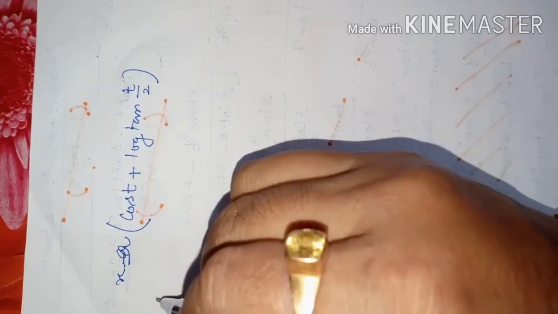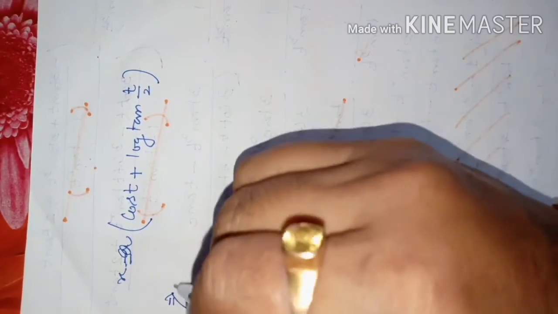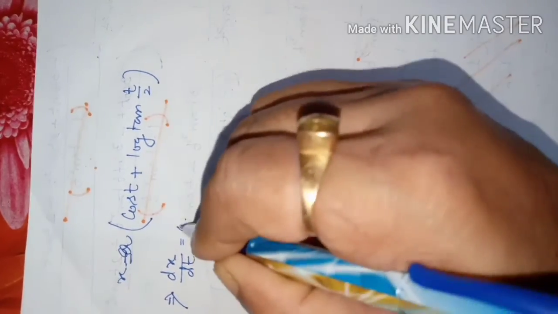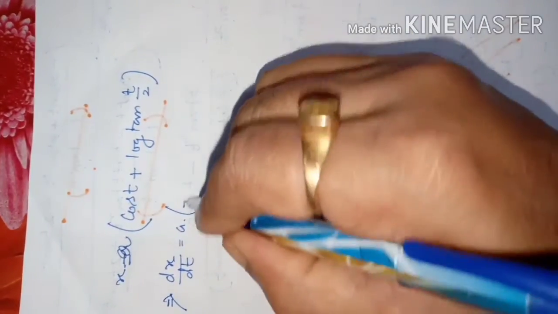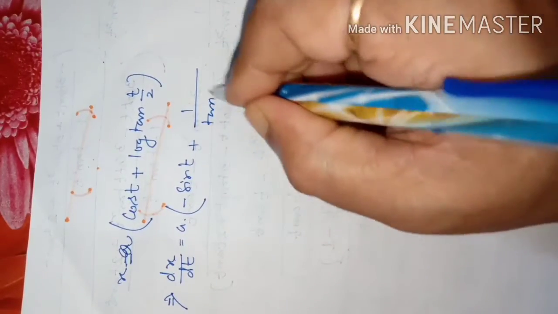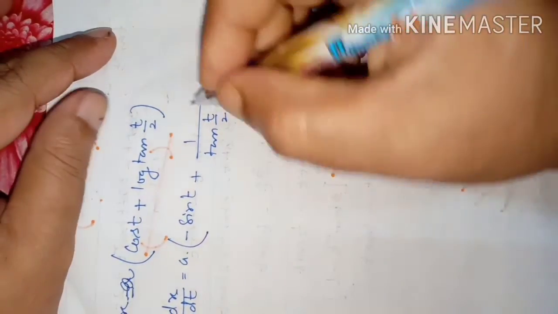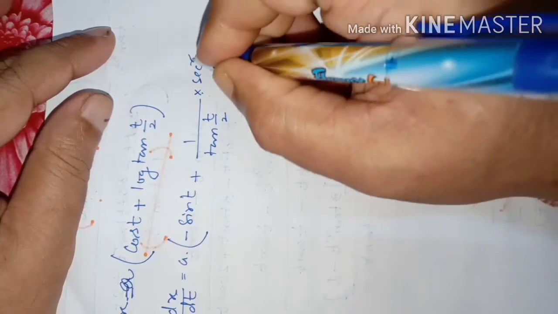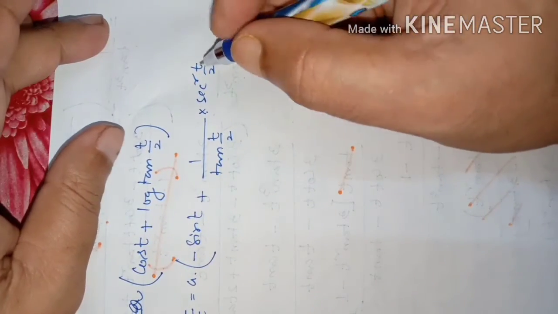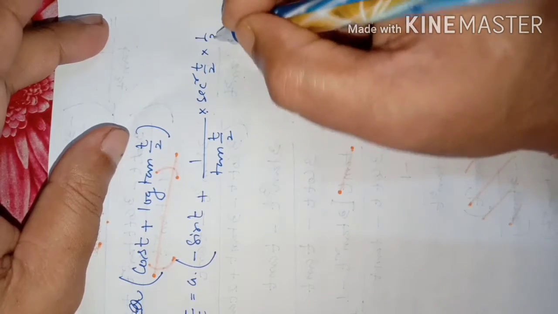So if you find out dx by dt directly, it will be a into cos t's derivative, which is minus sin t, plus 1 by tan t by 2 into derivative of tan t by 2, it is sec square t by 2, and derivative of t by 2 is equal to 1 by 2.